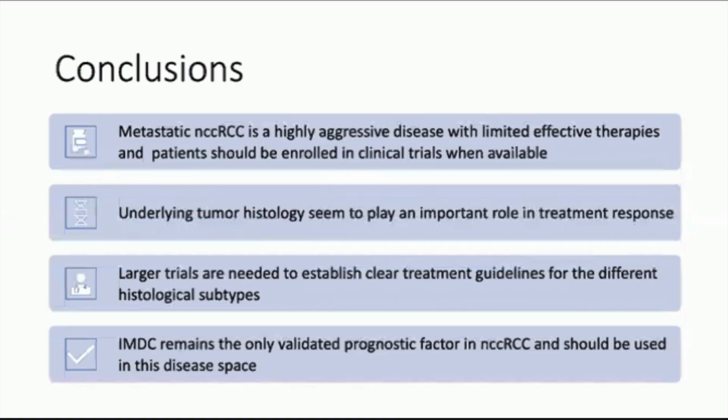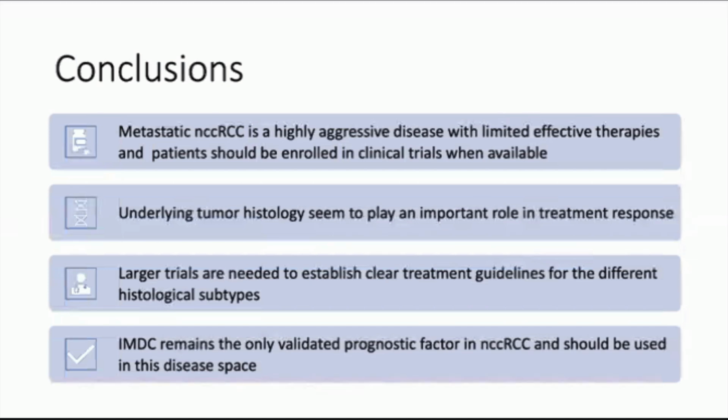So to conclude, metastatic NCC-RCC is a highly aggressive disease with limited effective therapies, and patients should be enrolled in clinical trials when available. The studies reviewed today really highlighted that the underlying tumor histology can play a really important role in treatment response.